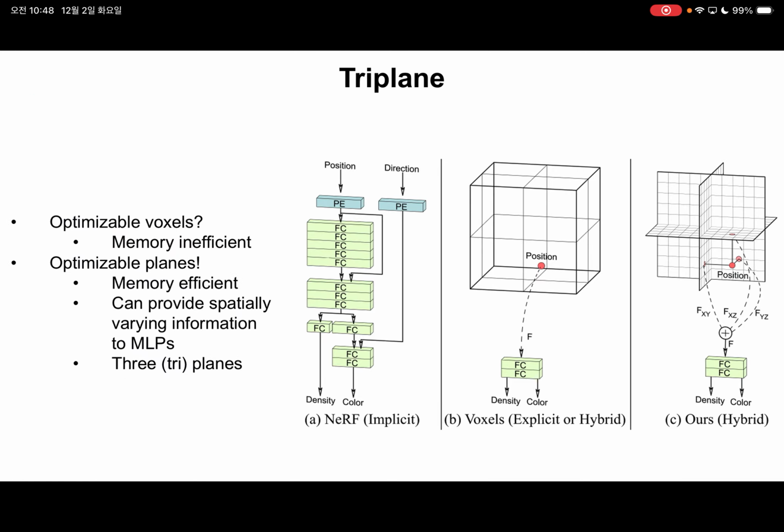So one way is voxel. We can define this kind of voxel grid where each voxel is optimizable. I have no idea what each voxel represents, but we can initialize the voxels with zero values and then simply optimize them so that each voxel holds latent information.